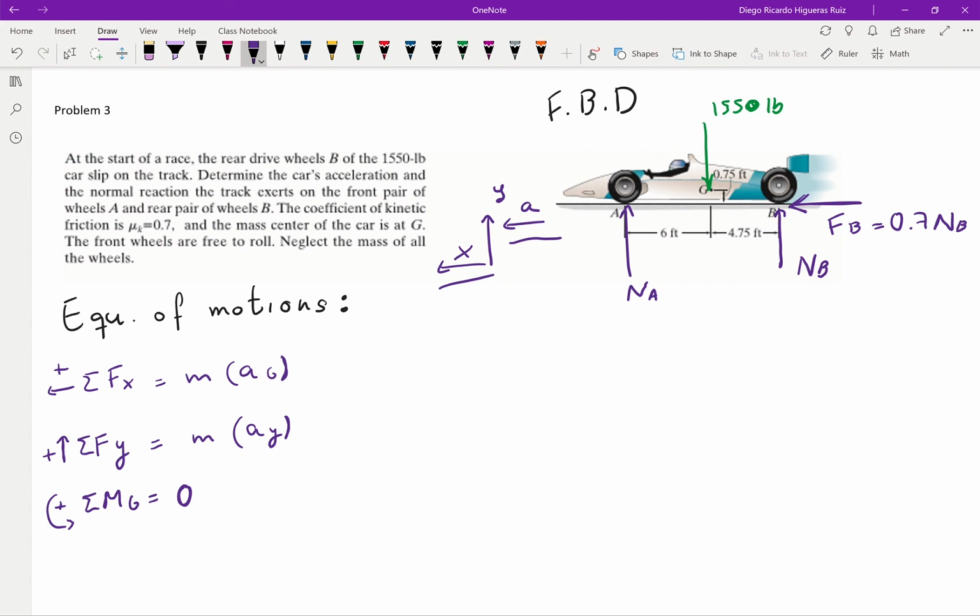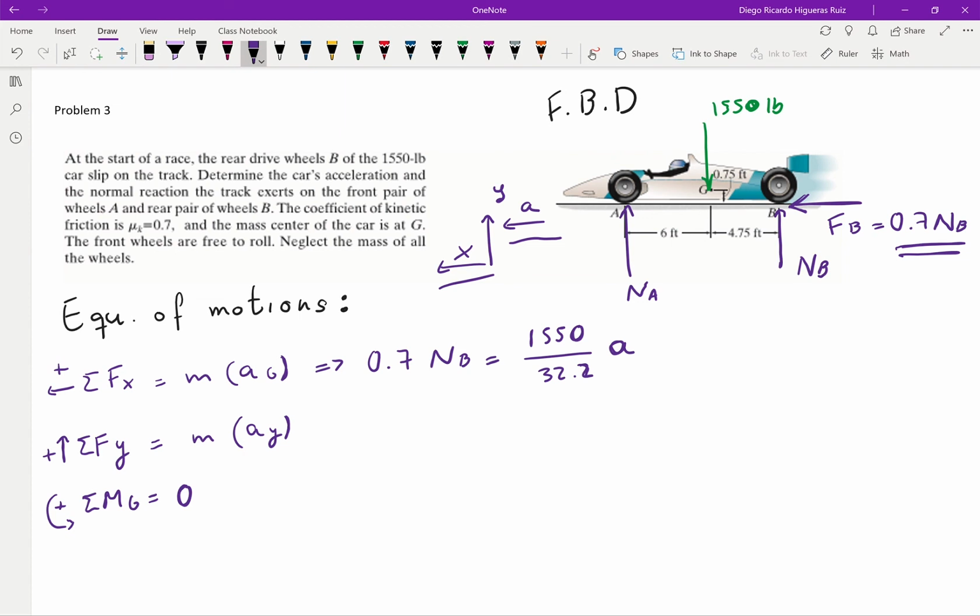Alright. Okay. So for the first term, we're gonna have this force right here, the traction force, which is 0.7 times NB, equal to the mass, which is 1550, but we need to divide that by the gravity, times acceleration.